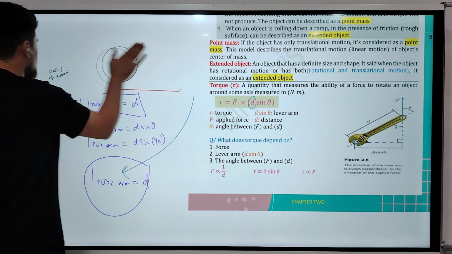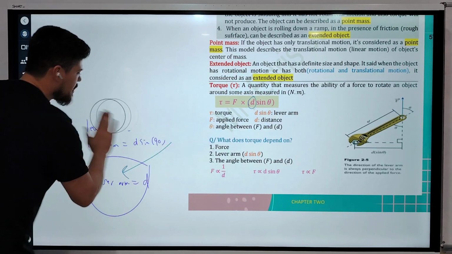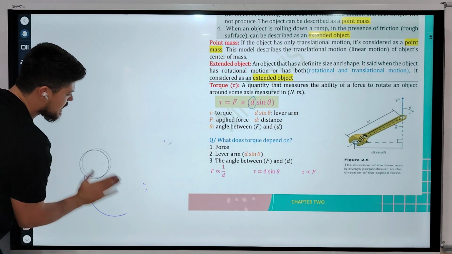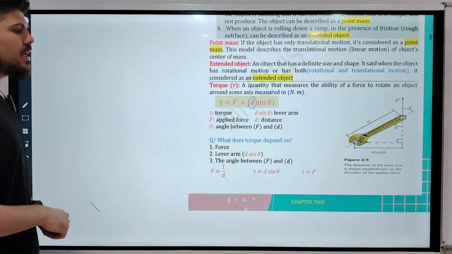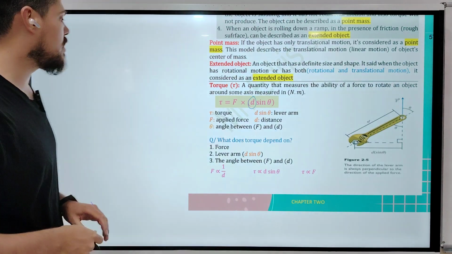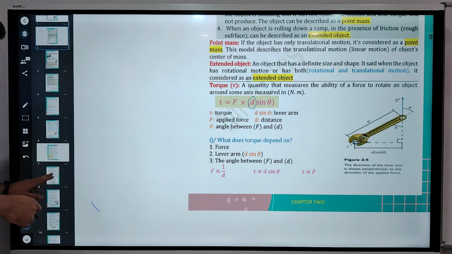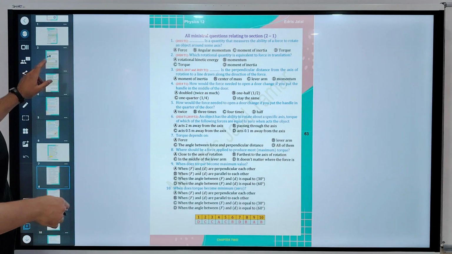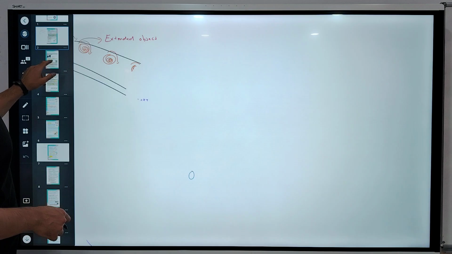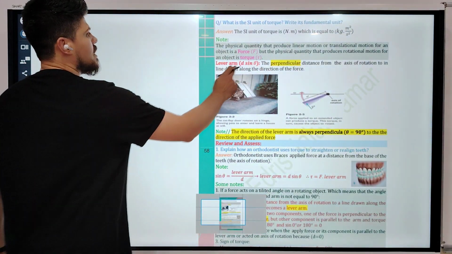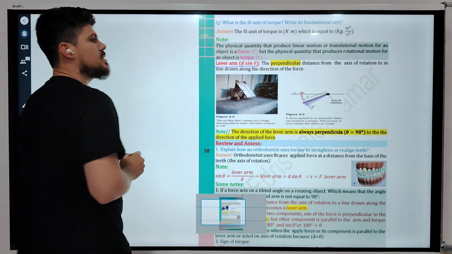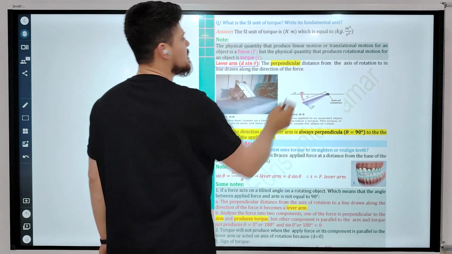What is lever arm? The definition of the lever arm is the perpendicular distance from the axis of rotation. Always perpendicular? Yes, always perpendicular. Lever arm is equal to D sine theta, the perpendicular distance.